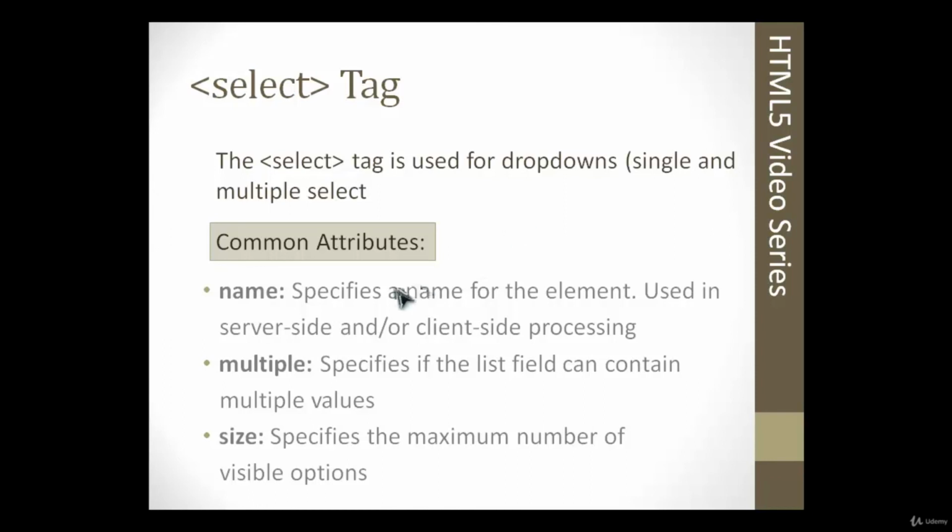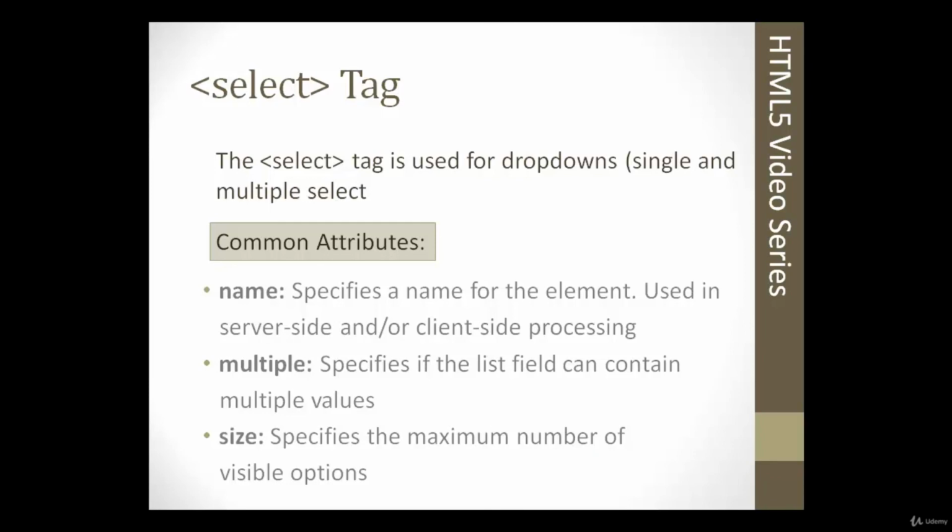It takes the name attribute just like all the other input fields, and the multiple attribute, which would be the kind of drop down where you can actually select more than one option. It also has the size attribute, which would probably be used on the multiple type of drop down, to let you pick maybe 2 out of the 5 options or something like that.